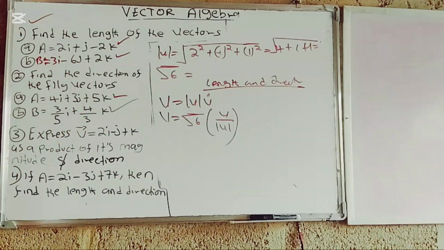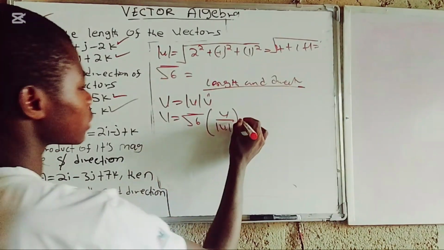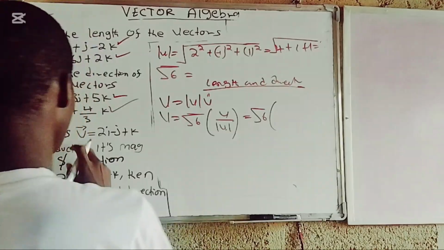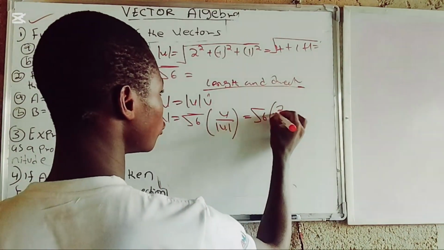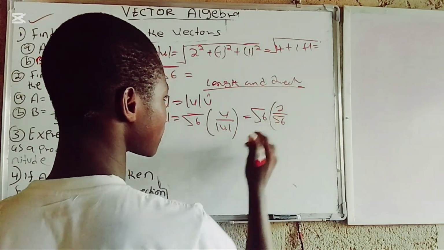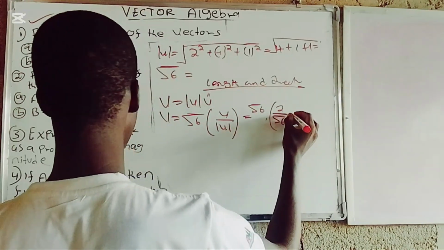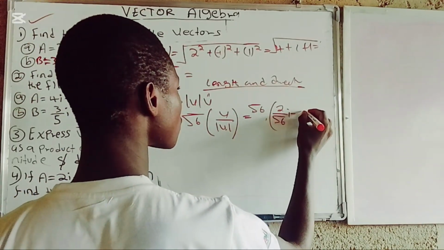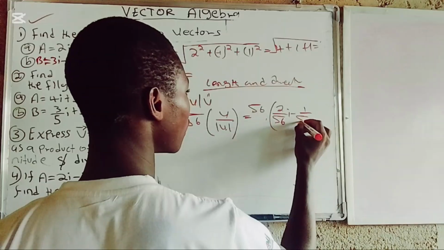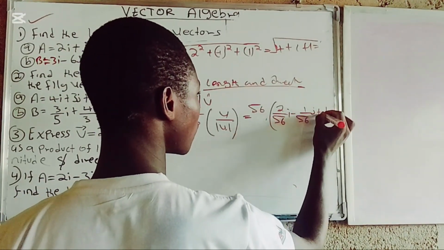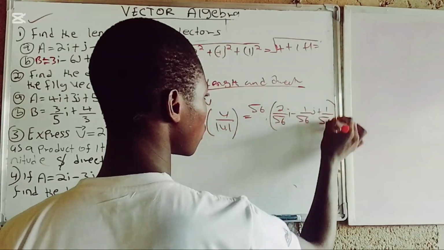So the next thing I have to do is first find the direction, which is the same thing. I have to say 2 by root of 6 i, minus 1 over root of 6 j, plus 1 over root of 6 k.